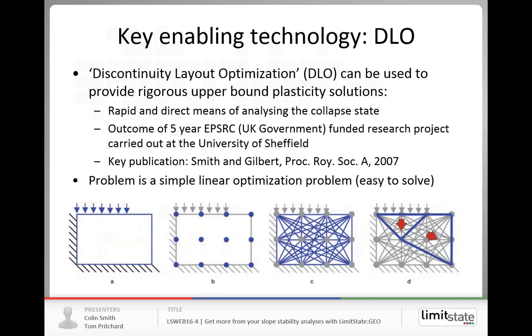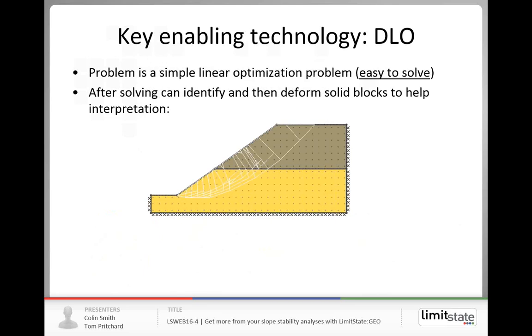So that's the critical collapse mechanism, and the software will normally run with 500, 1,000, 2,000 nodes, looking at millions of potential slip lines, and so it's able to get very, very close to the true answer by optimizing all those possible failure mechanisms. Once it's solved, in this example, we've got a slope stability problem.